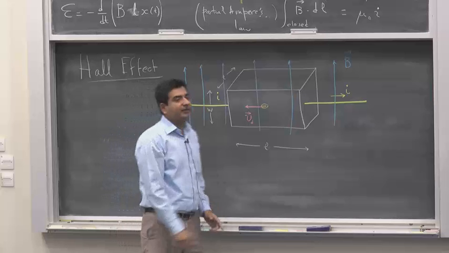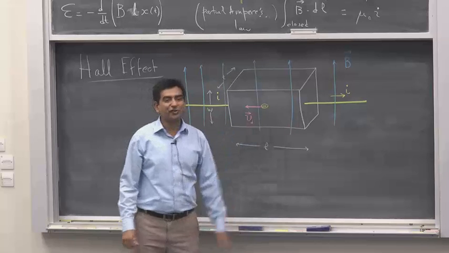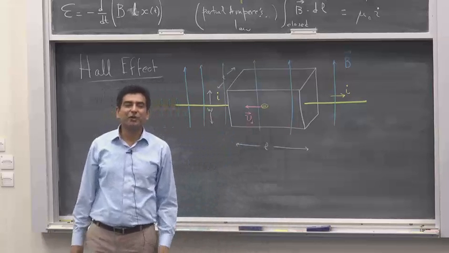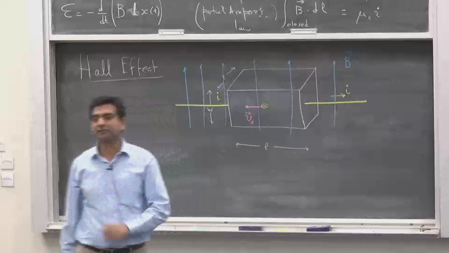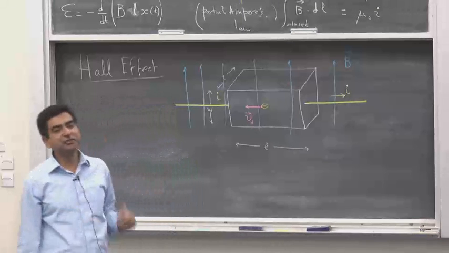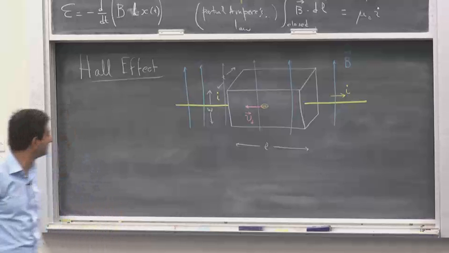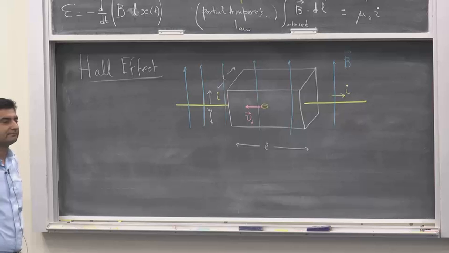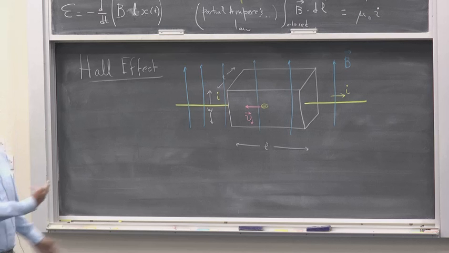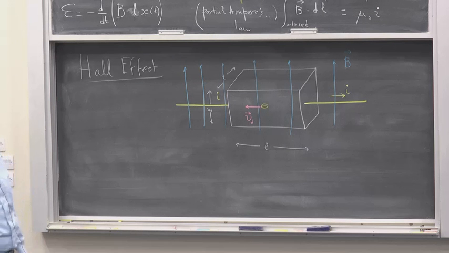Alright, now we have the drift velocity of electrons. What's going to happen to these electrons? Will they experience a magnetic force? Yes. What's the direction of that force? Outward, out of the plane of the blackboard.